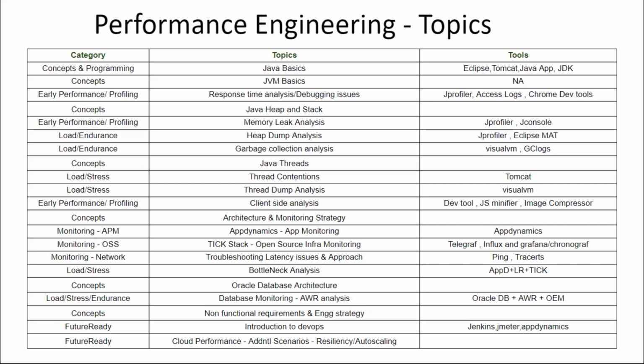So complete concepts, plus we'll also look into the way we will analyze the GC logs, identify problems with respect to GC times, right? That entire thing we will make use of VisualVM also. VisualVM has a very good plugin to look into the object promotion and all these things. So we'll look into VisualVM as a tool, and also we'll use the GC log. So that's a complete GC analysis.